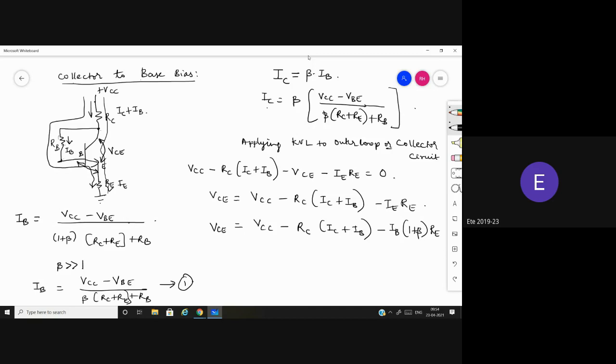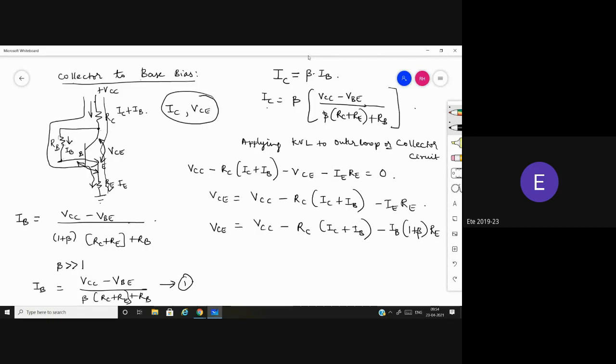And one more important thing, what are the two parameters on which the Q point is going to depend? The operating point depends upon two parameters. Yes, it depends on IC and VCE.